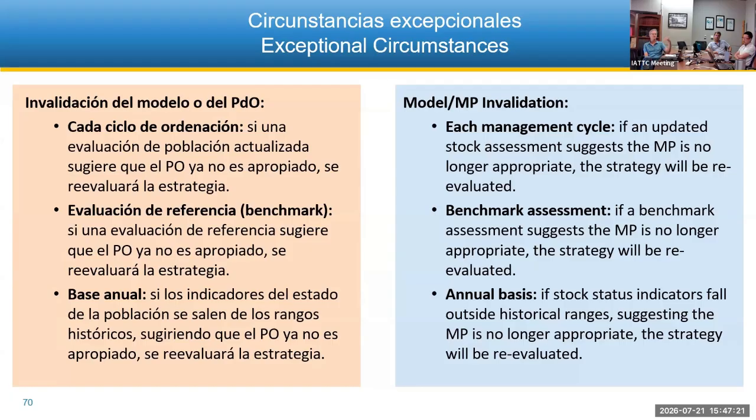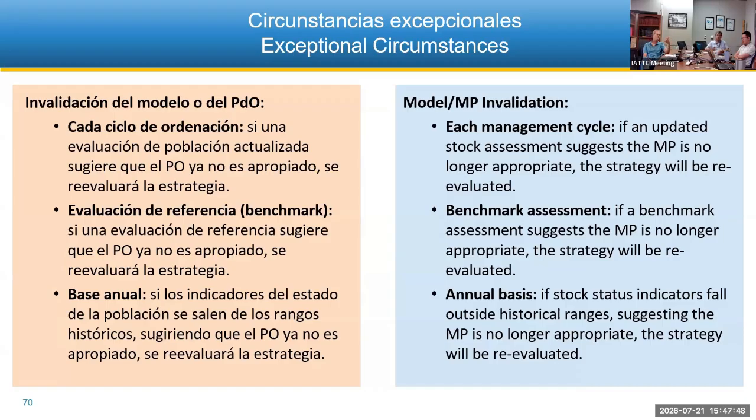In each management cycle, we are going to have to run an estimation model, which is basically what we are proposing is an update assessment, which includes a full risk analysis. So that's running all the different models in the risk analysis. So by doing that, we're actually doing an assessment. So it's similar to what we're doing now, right?